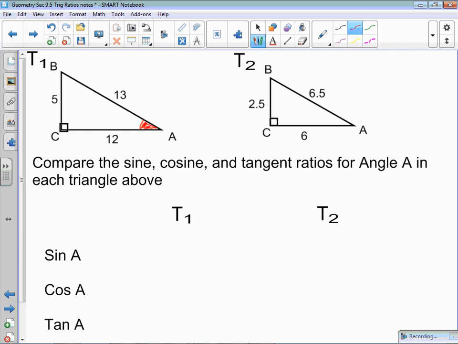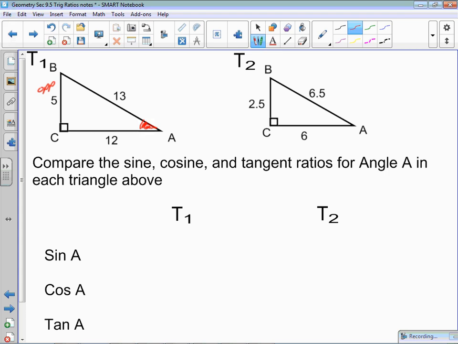So for angle A, which side would be opposite of angle A? So we've got the side opposite is BC, right, it's going straight across from it.